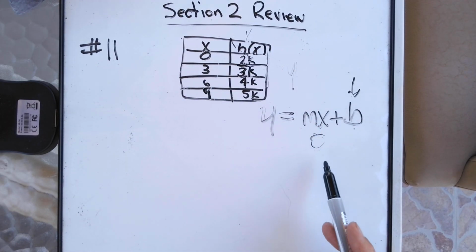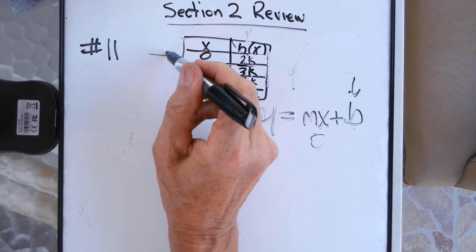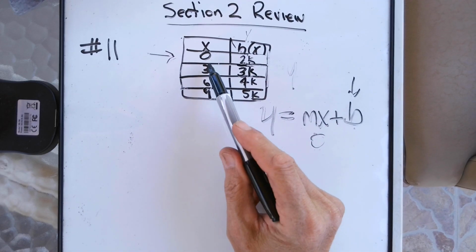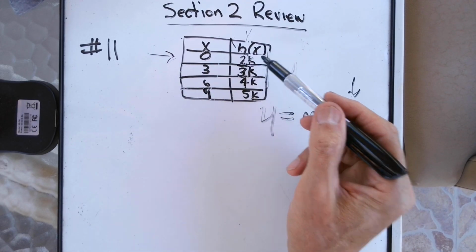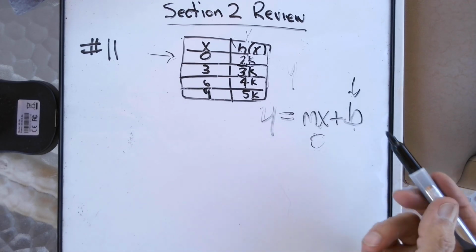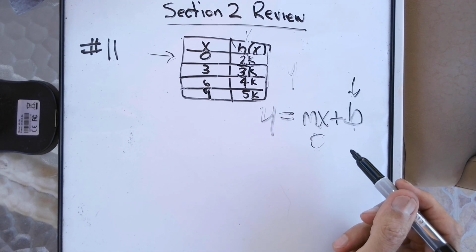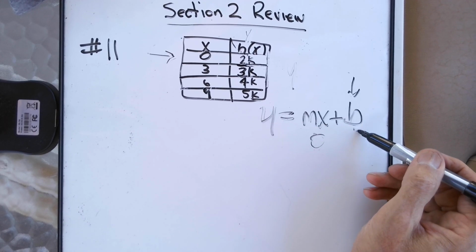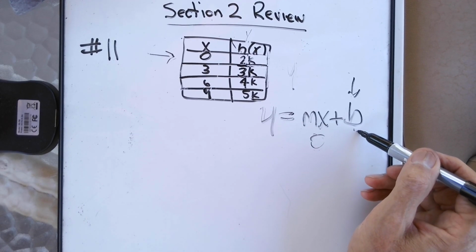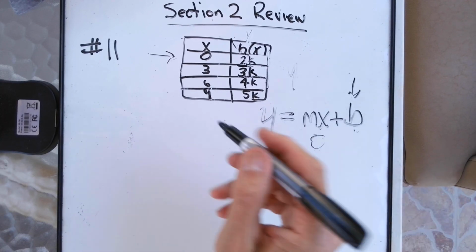Is there a 0 value? There is. So the intercept of this equation, the b value, has to be 2k. So the first thing I would do is scan all your answers. Is there a 2k? The answer has to have a 2k in this position. There's only one answer before you even do any math, and that's B.